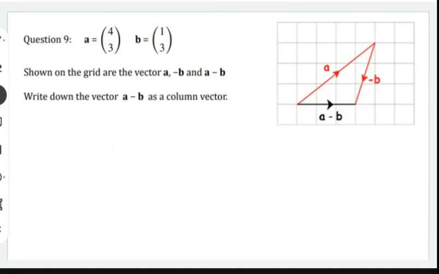It goes to the left by 1 and down by 3. Okay. In that case, what is the vector of minus B then? Minus 1, minus 3. Perfect, yeah. Minus 1, minus 3.